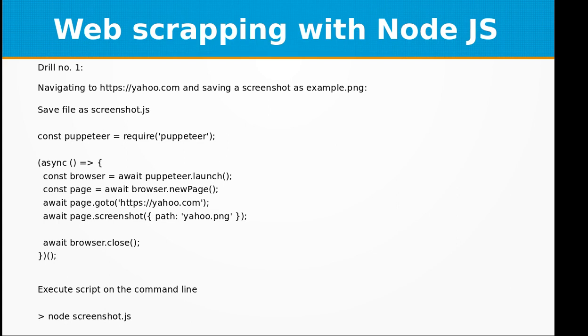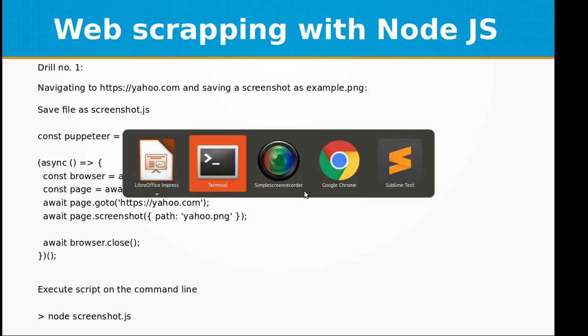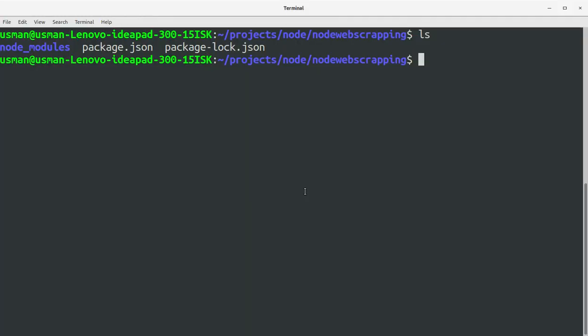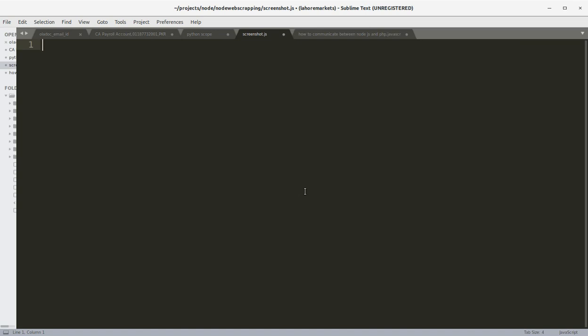Okay, so save file as screenshot.js, and before that, let's create this file. Within your project directory, create the file screenshot.js. Require Puppeteer. We are going to do this stuff in the async block.